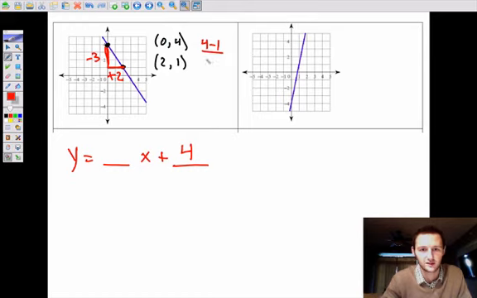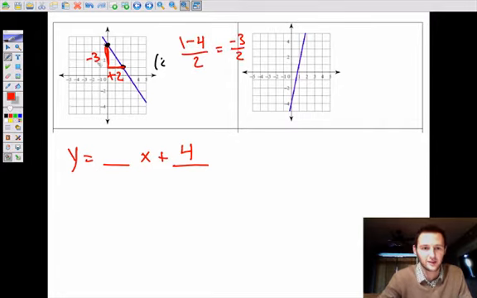From 0 to 2, we have plus 2. So if I'm using this, I get 3 over 2. Oh, I wrote that backwards actually. That should be 1 minus 4 over 2. And so that gives us negative 3 over 2. And that's what we see here, is we're going down 3 over 2.